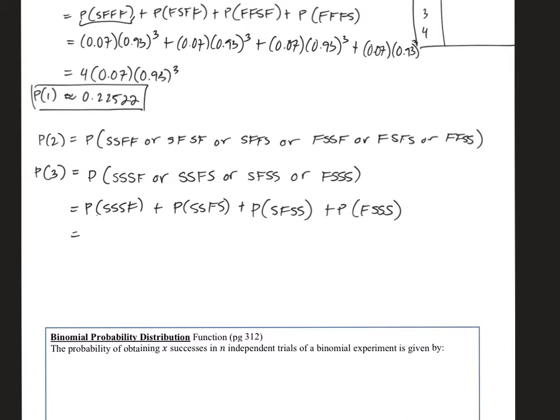All right, so let's see, how many S's do we have? We have 3 successes, times the failure, 0.93, plus, and notice that's going to be the same for all of them. We have 3 successes and 1 failure, which is why the success is to the third power and the failure is just to the 1 power.